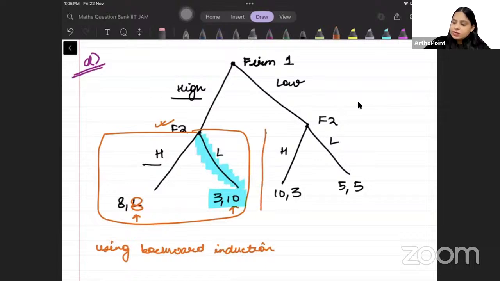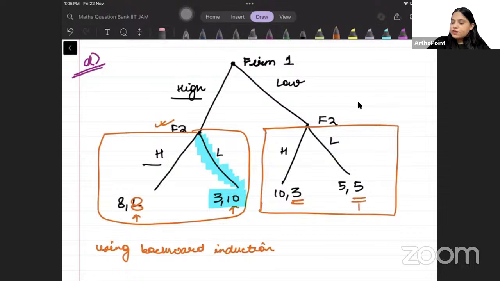And here, between 3 and 5, firm 2 will go for 5. So the payoffs you will be picking up from here will be 3,10, and from here 5,5.